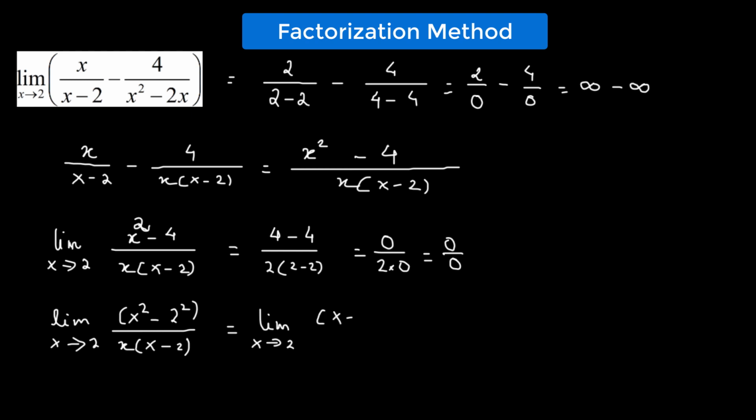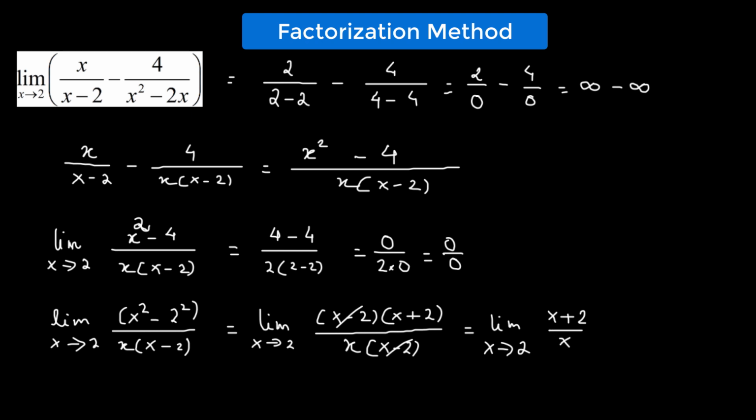So we have x minus 2 times x plus 2 divided by x times x minus 2. So we can cancel out x minus 2 from both the numerator and the denominator, and that leaves us with the limit as x goes to 2 of x plus 2 over x.